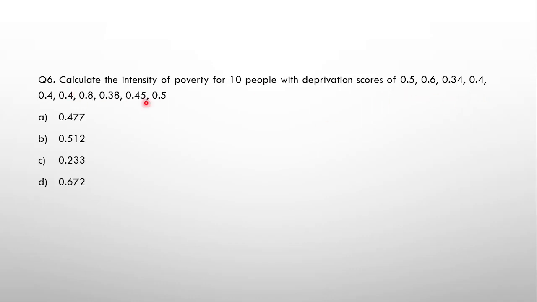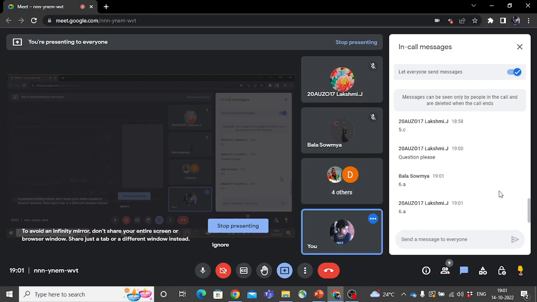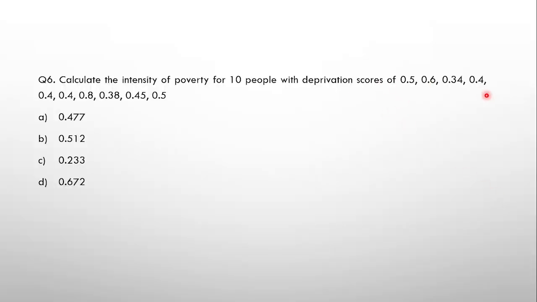So these are the 10 numbers. There are 10 people. Calculate the average and let me know. Yes, absolutely. You just sum these up and divide by 10 and you get 0.477. Your threshold cutoff is 0.33, and the average poverty among these 10 people is 0.477.